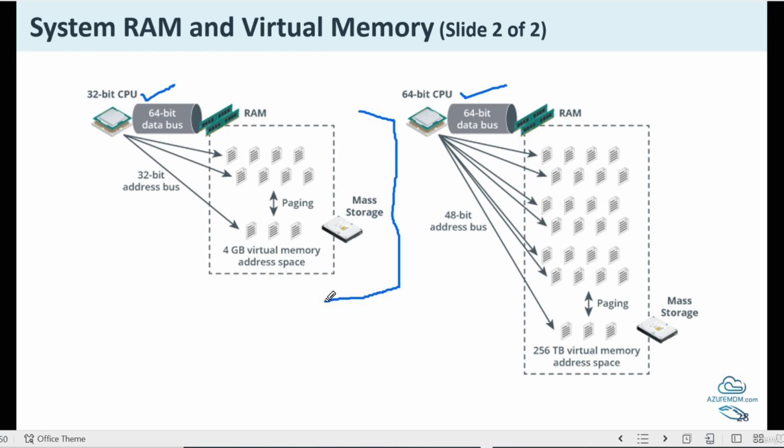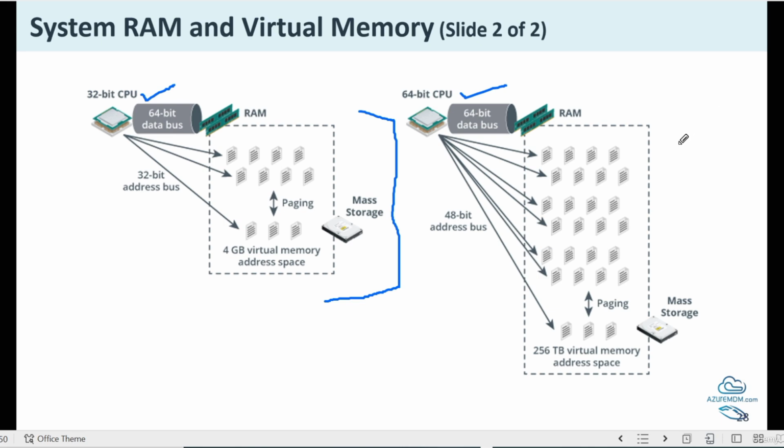Data travels over a 64-bit data bus faster than the address bus. Paging storage like virtual memory relies on slower mass storage, HDD and SSD. Now, 64-bit CPU. It uses a 48-bit address bus supporting up to 256 TB of virtual memory.